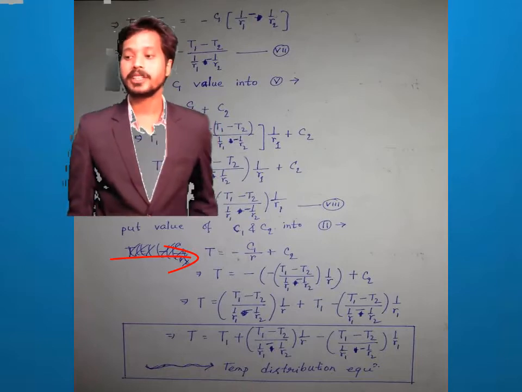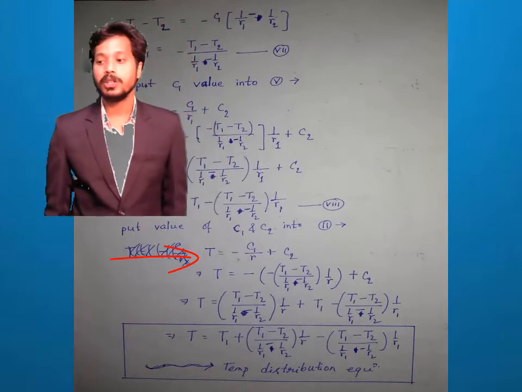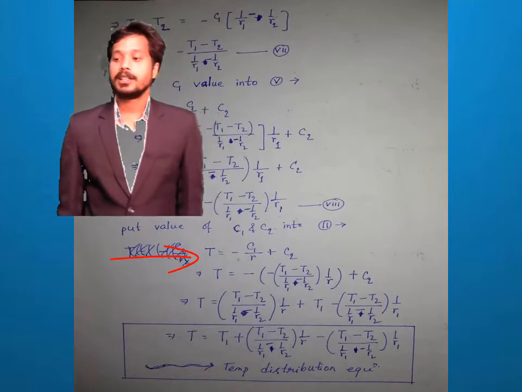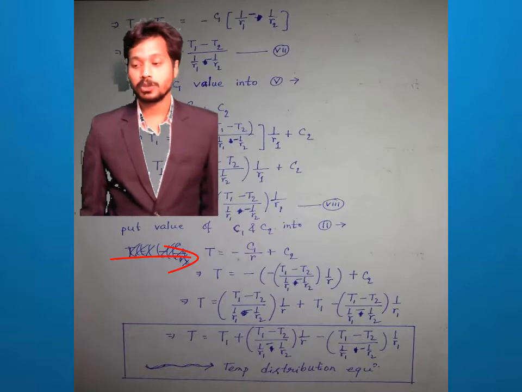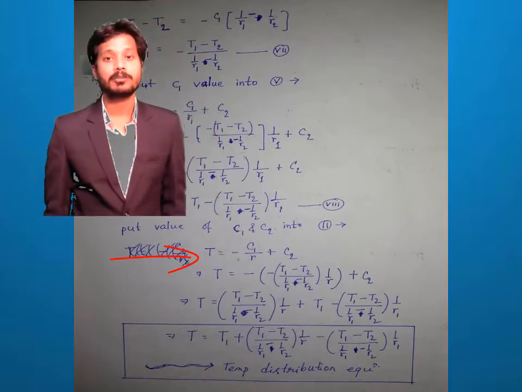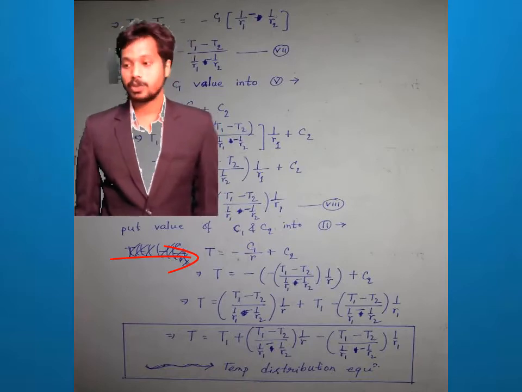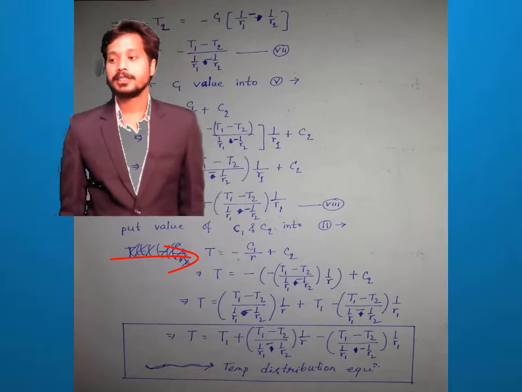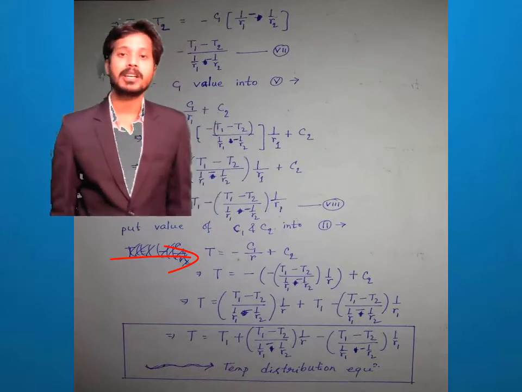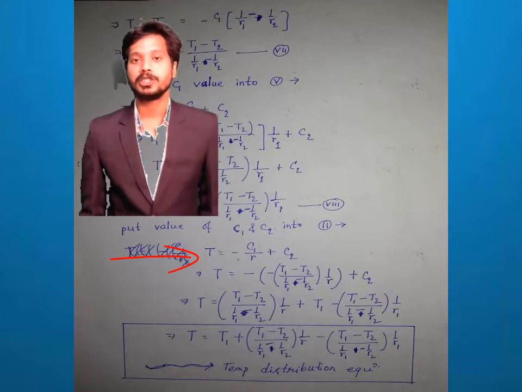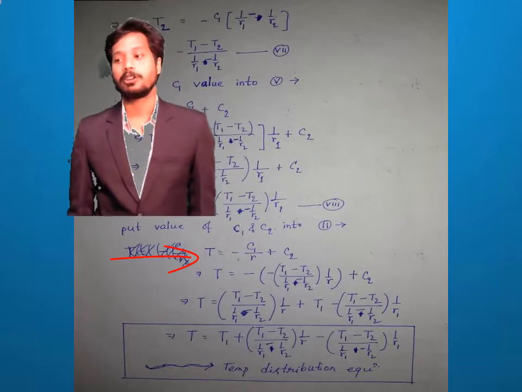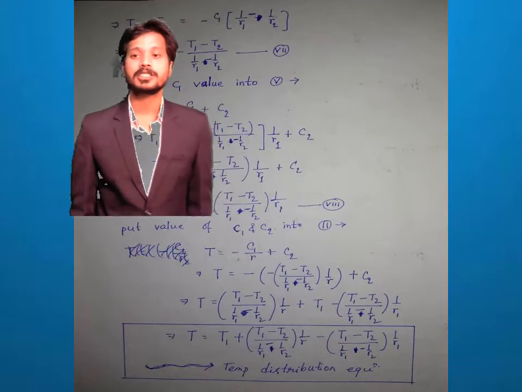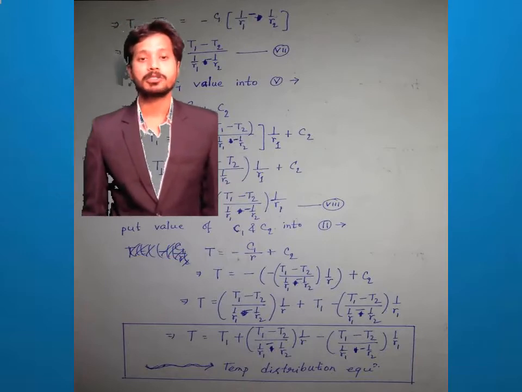So finally we get here T equals T1 plus ((T1 minus T2) divided by (1/R1 minus 1/R2)) into 1/R minus ((T1 minus T2) by (1/R1 minus 1/R2)) into 1/R1.